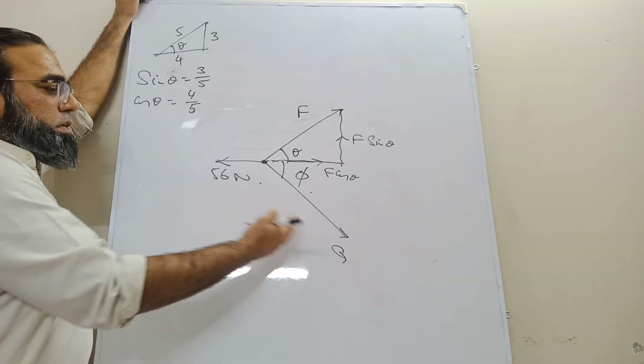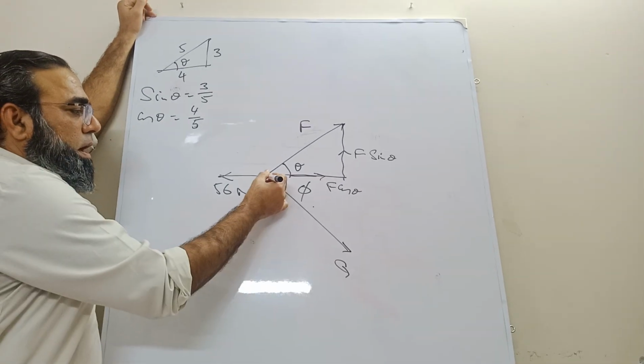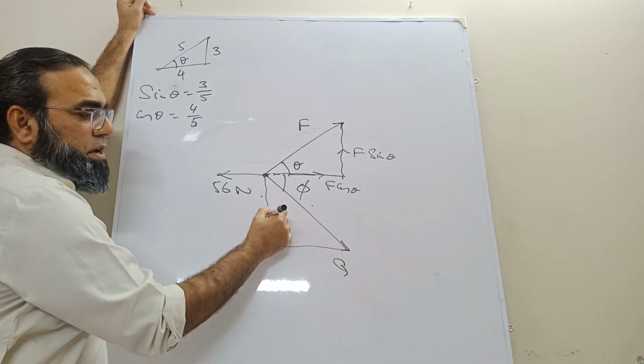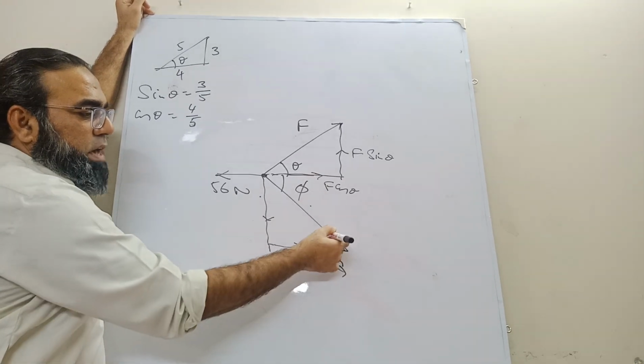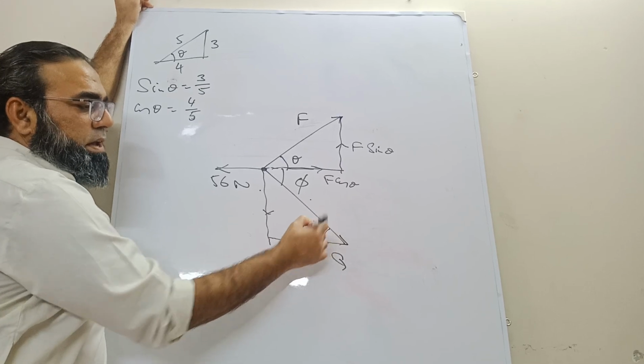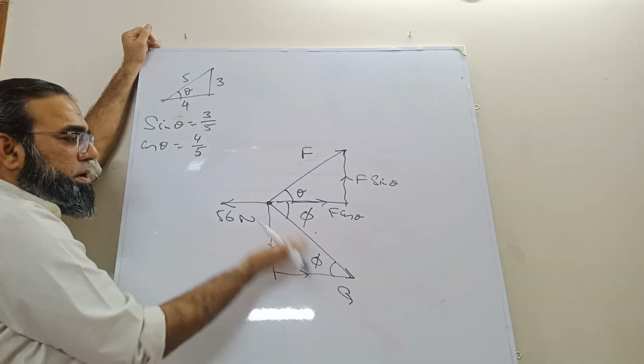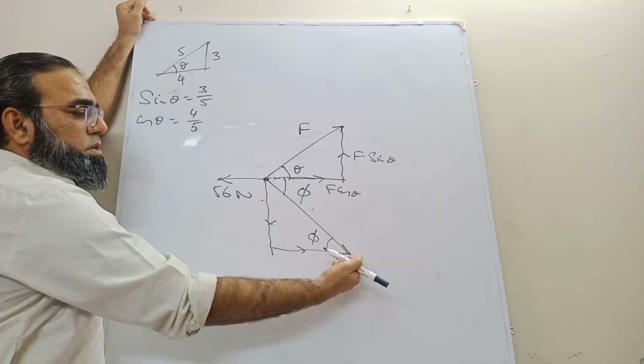Now for this G to be resolved, guys, please look at this carefully. If this is phi over here, I can put this phi over here as well. Obviously these are two alternate angles. This is horizontal, this is horizontal.